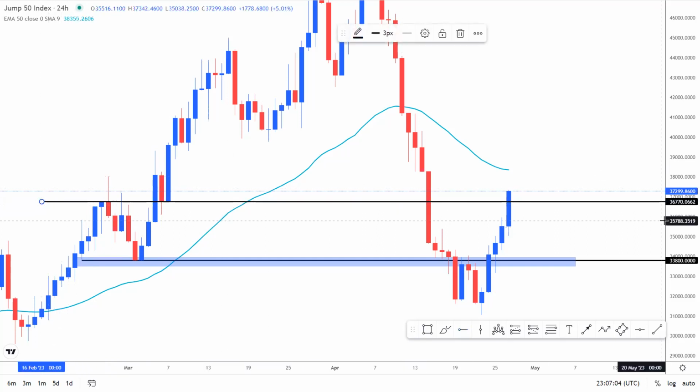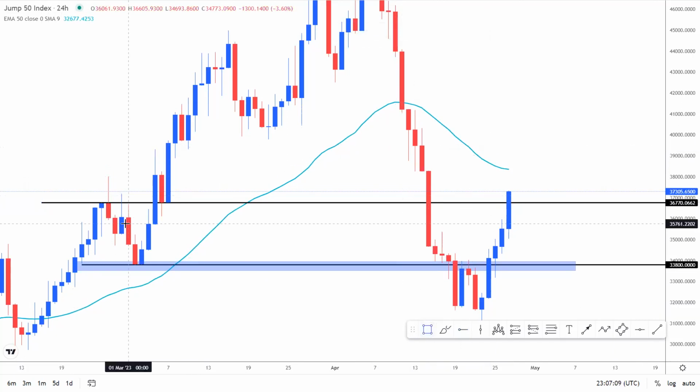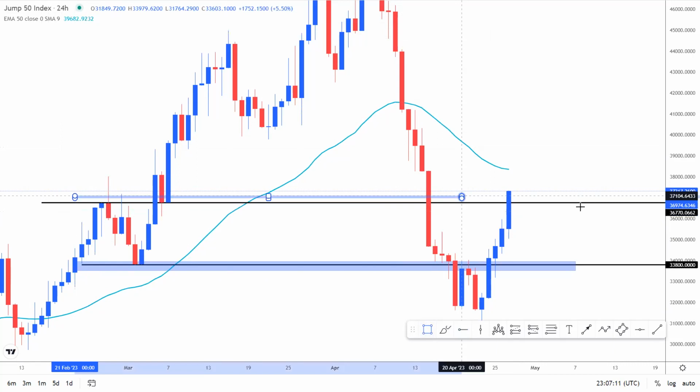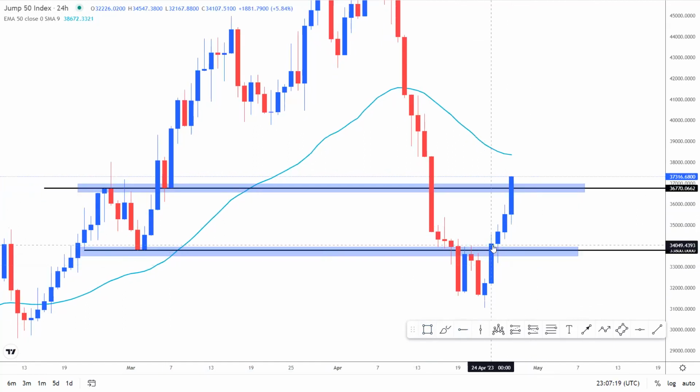Then I had this point in mind, knowing fully well that price had closed above this level. I was setting for a fact that price would head right into the next level, somewhere about this point right here.